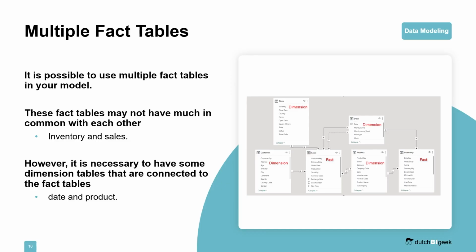If you want, you can create a whole galaxy. So how does a star schema work when you have multiple fact tables? You have different star schemas, and they are linked to each other with dimensions. How does that work? Now, let me show you.